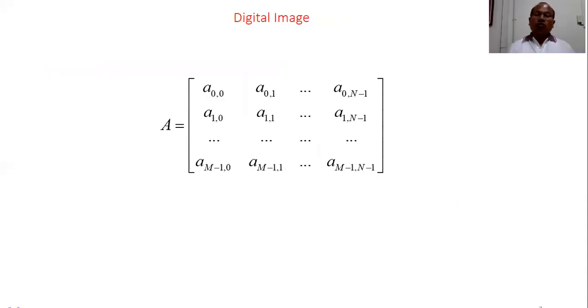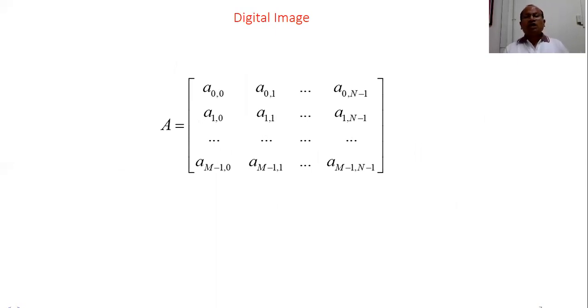So what do we mean by a digital image? A digital image is stored inside the computer as a matrix, where the matrix elements are discrete finite values, like a1,0, a11, a1,n minus 1. What is a11?